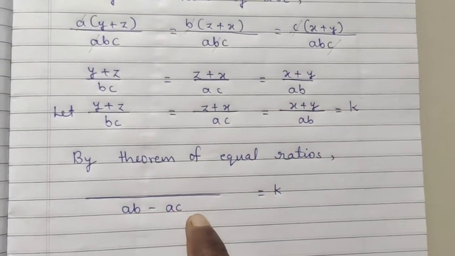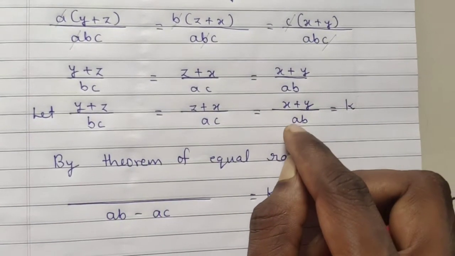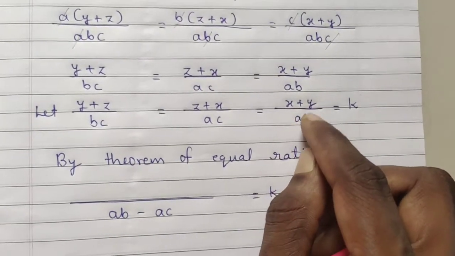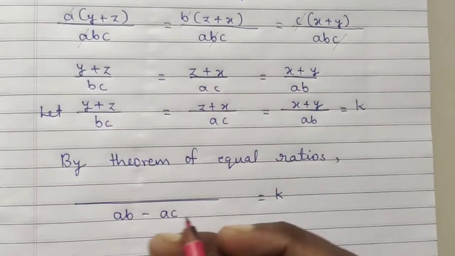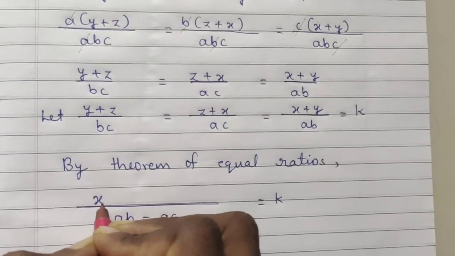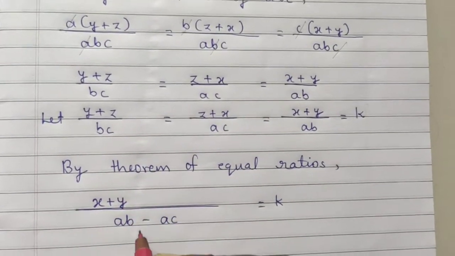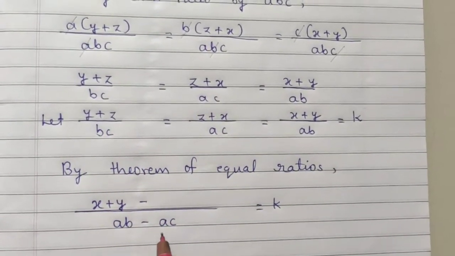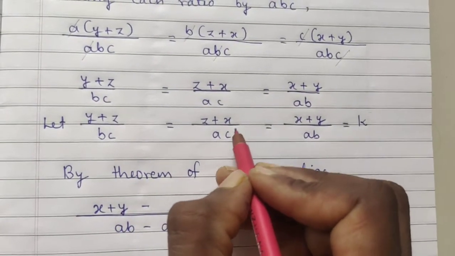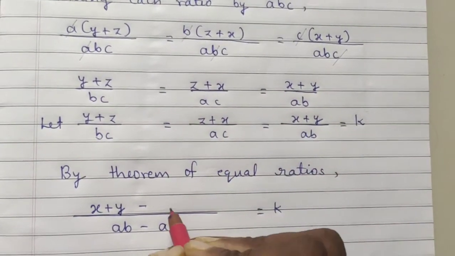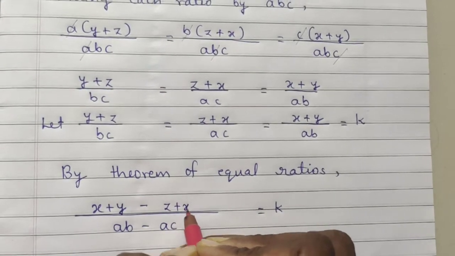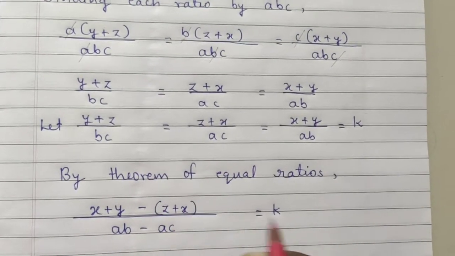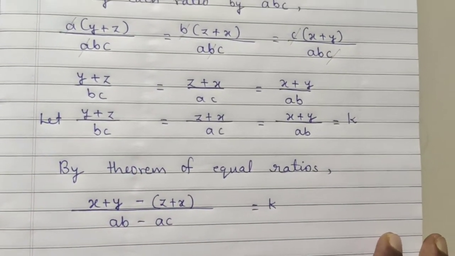Now what is ab − ac? First, ab means x + y, so for ab we write x + y. Then the minus sign is there. Now ac means z + x, but since the minus sign is there, put it in a bracket.